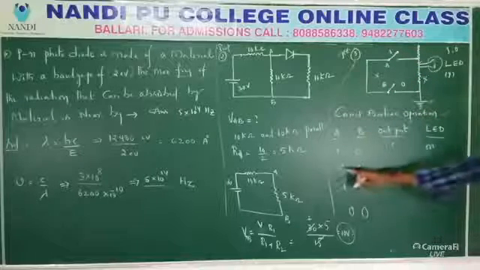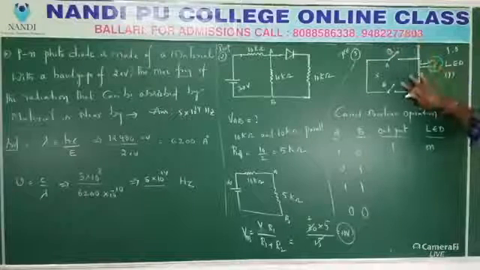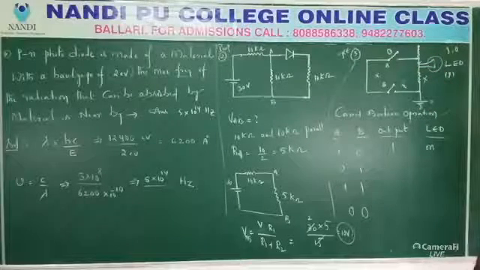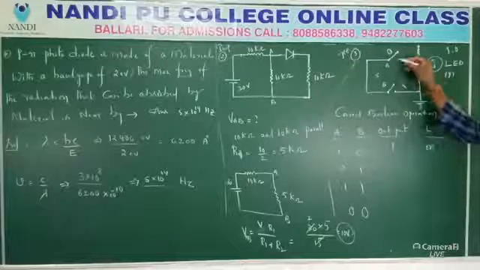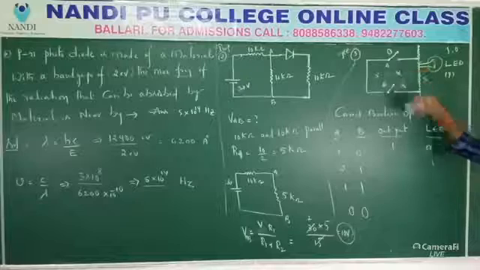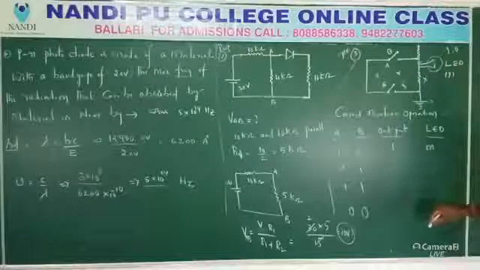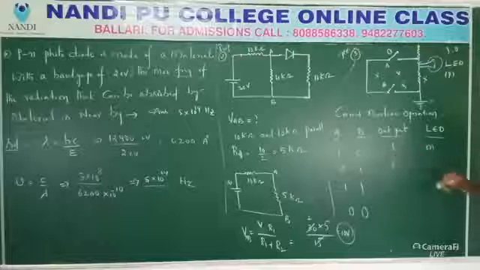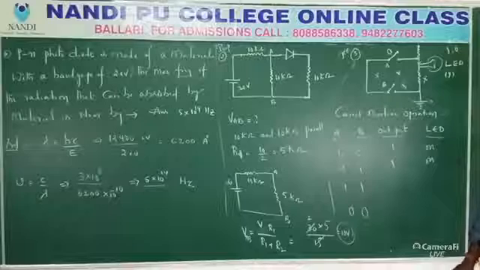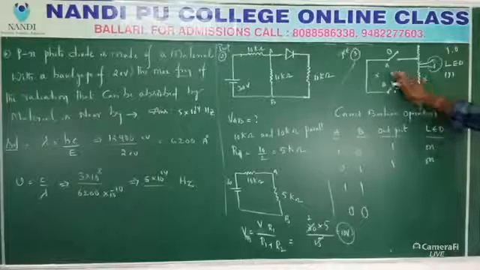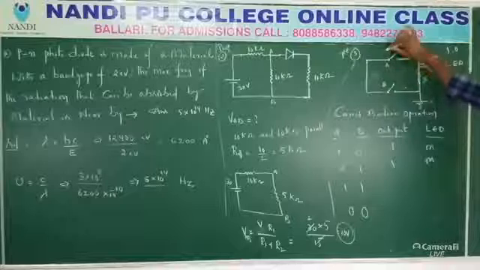Second, 0, 1. Now it is 0, now it is 1. Means it is off here, so no short circuit. Again the electrons will flow like this only. So what is the output? 1. LED on. Again I am changing, 1, 1.